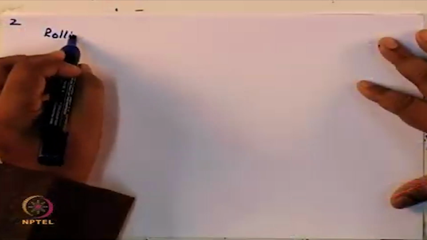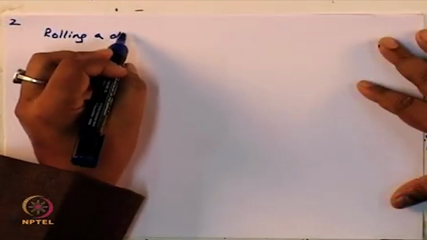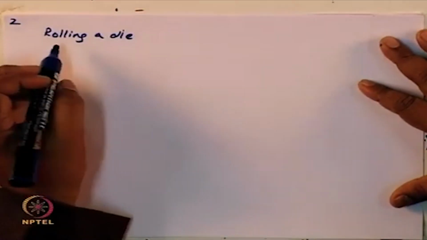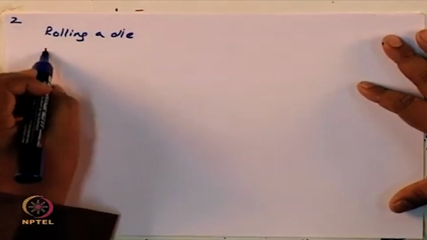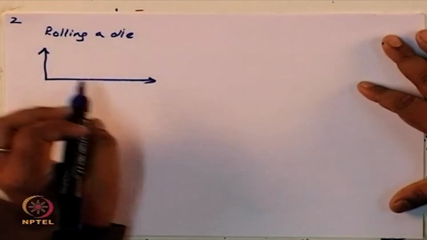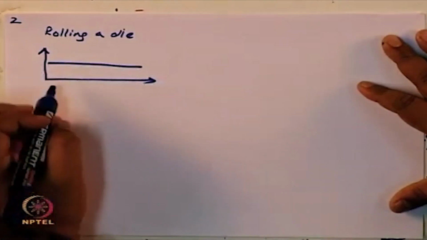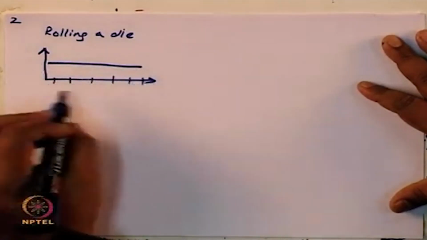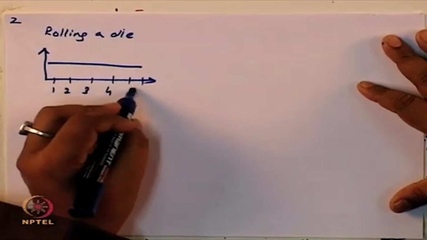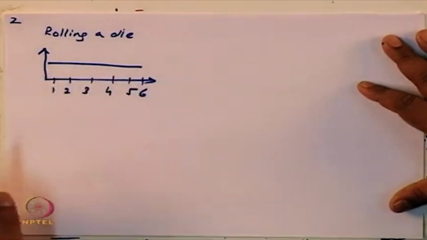So, what does the central limit theorem state? I had discussed this brief example in the last class. If you are interested in rolling a die and checking out the value that you get, the distribution will be fully flat. Each of these values, 1 2 3 4 5 or 6, is equally likely.